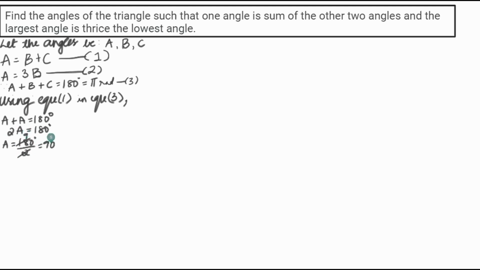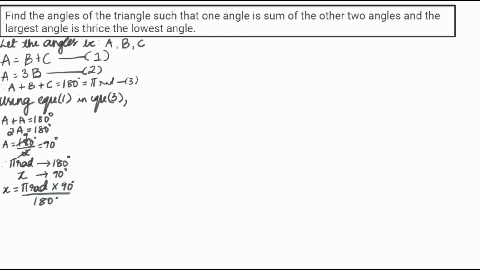In terms of radians, we can use this easy technique. We know pi radians is equal to 180 degrees. So how much is 90 degrees in radians? Let this be x. When you cross multiply this, we get x is equal to pi radians into 90 degrees divided by 180 degrees.